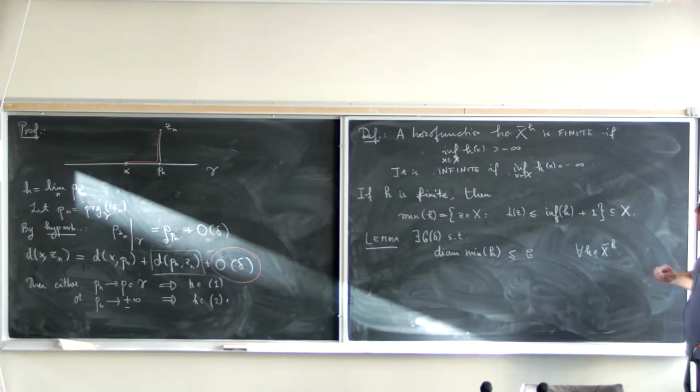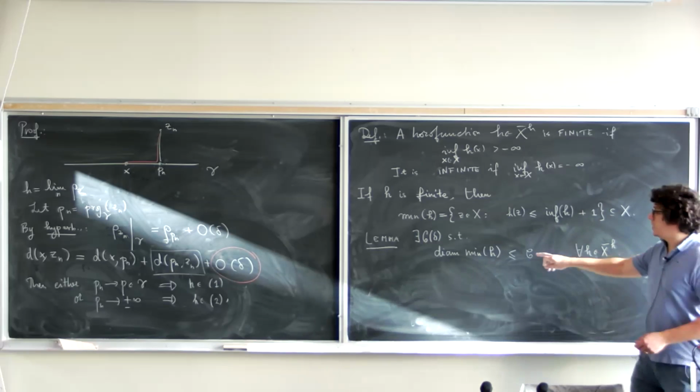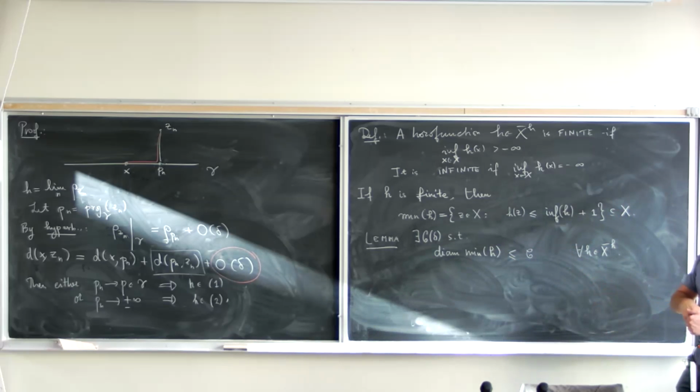This is a set, but it's a small set. It always has the same bounded diameter, and in fact, the C will depend just on the delta of hyperbolicity.